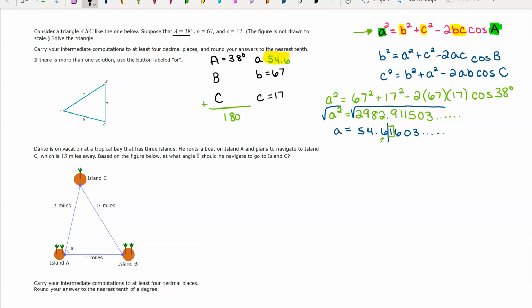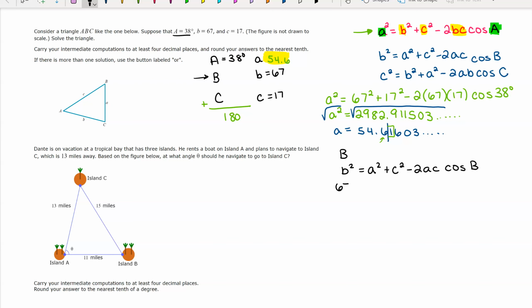So let's look for angle B. I'm going to use b squared equals a squared plus c squared minus 2ac cosine of big B. I want the only thing that I don't know to be big B. So let's plug all of these in.